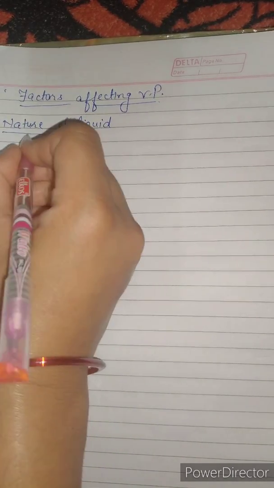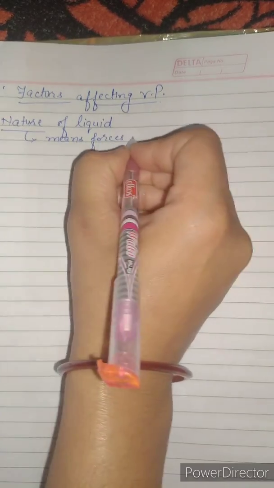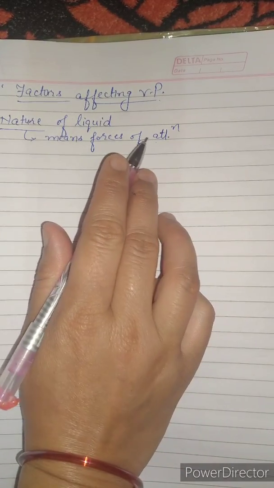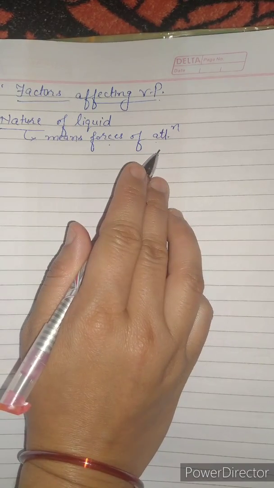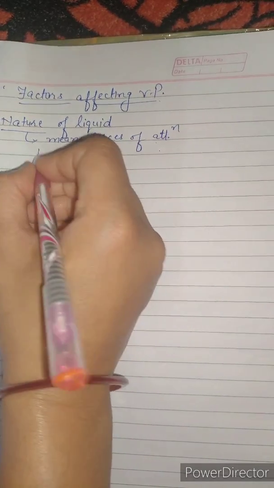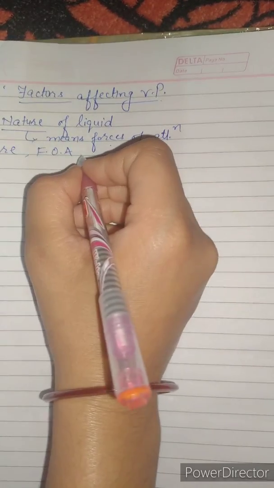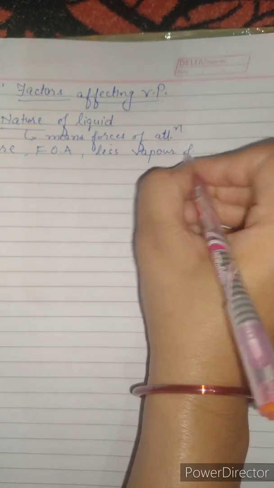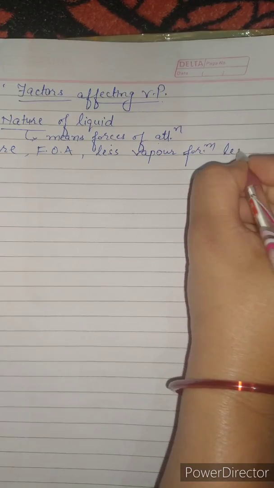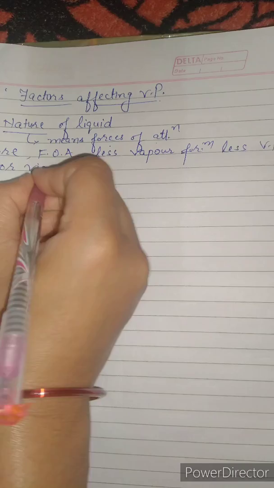Here, nature means forces of attraction. It means the liquid having more forces of attraction has less vapor pressure, because more forces of attraction means less vapor formation and less vapor pressure, or vice versa.